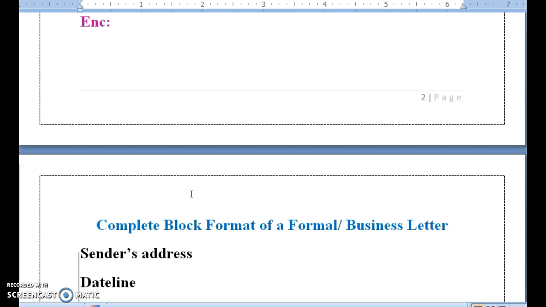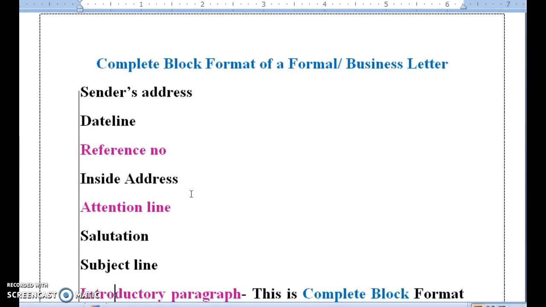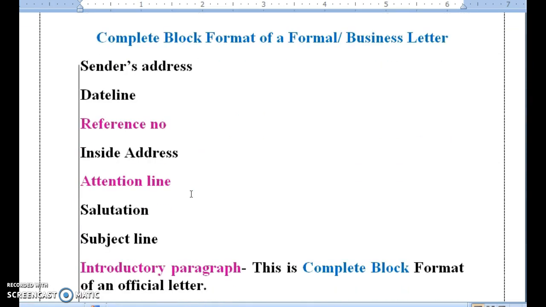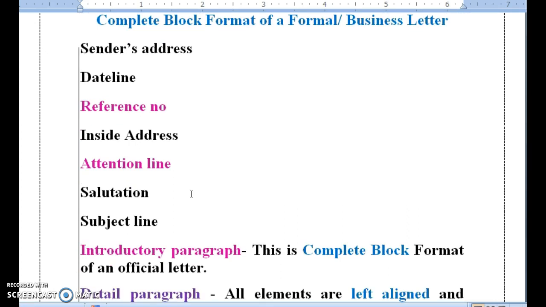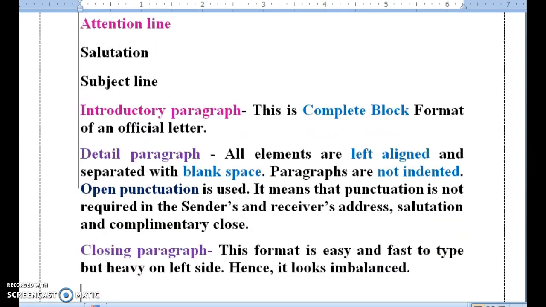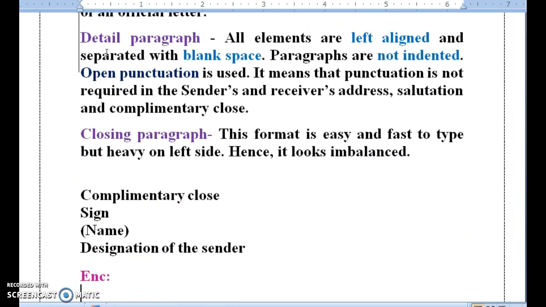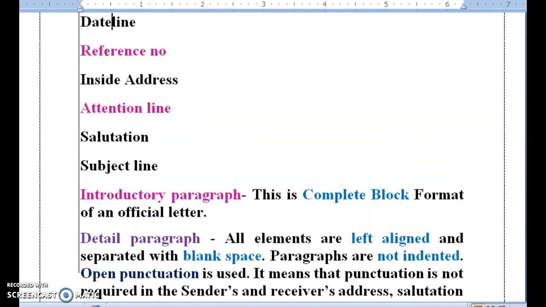Now what you notice in a complete block format is all the elements of a letter are left aligned. This is what I have just indicated, the margin. And from the sender's address till the end of the letter, all the elements are left aligned.